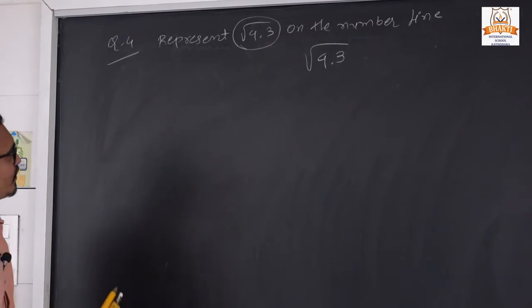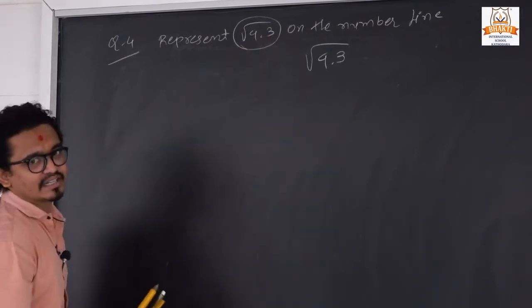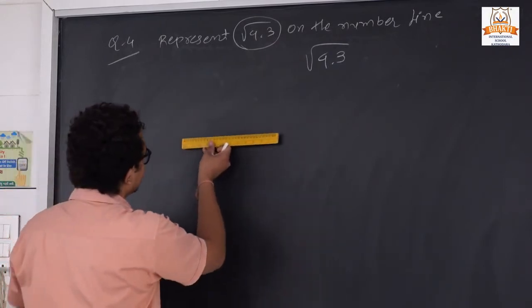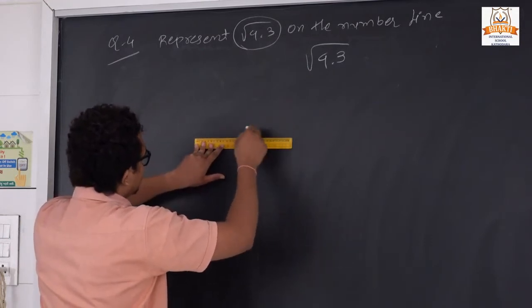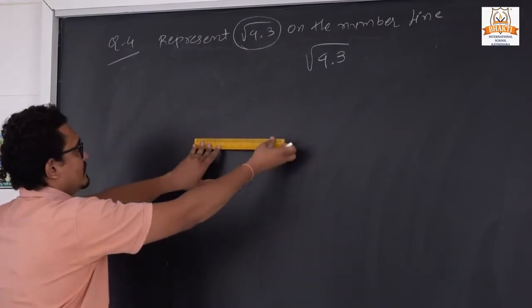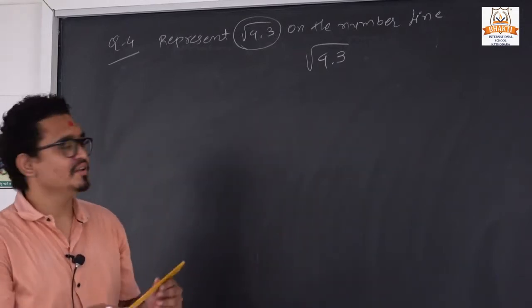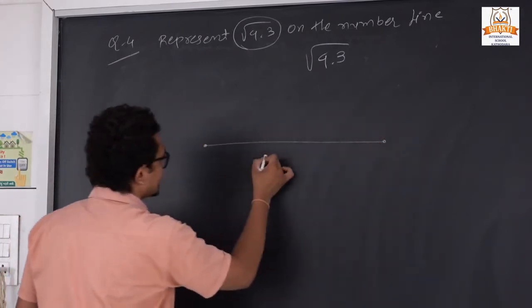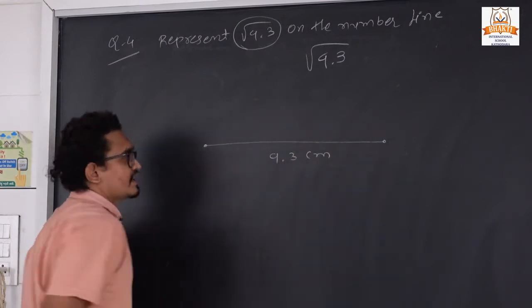First of all, we can draw one line up to 9.3. So we can take the scale. Under root 9.3 is a very small value on the board, so I am simply drawing that line, and we can take that it will be 9.3 centimeter.